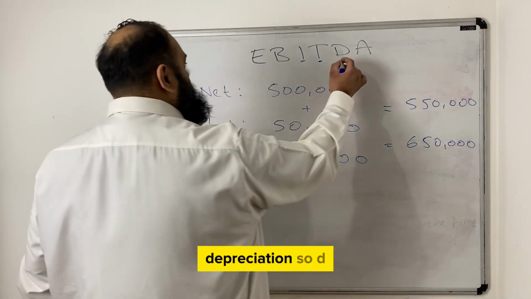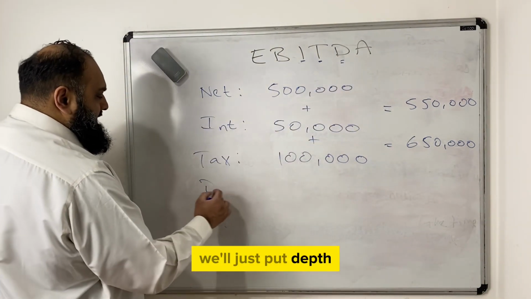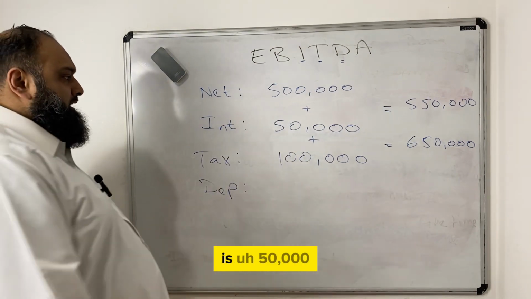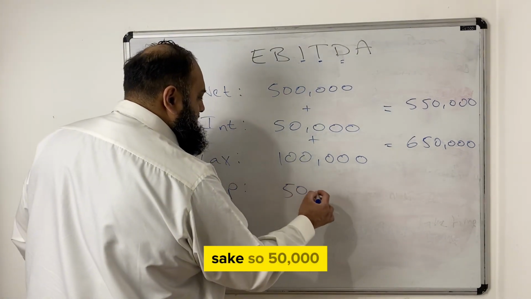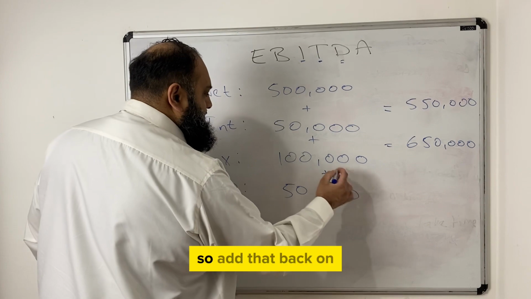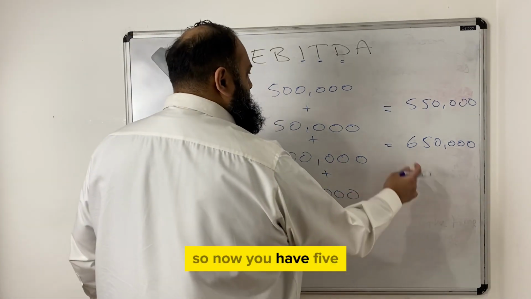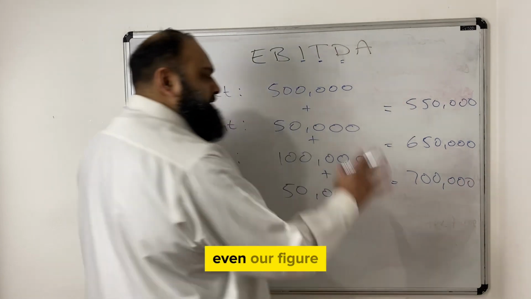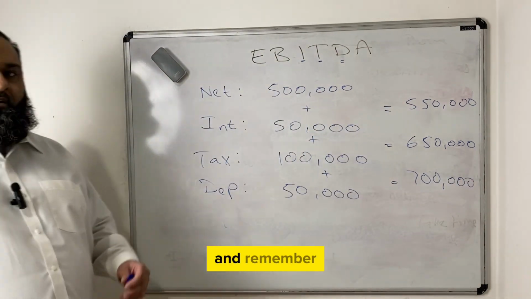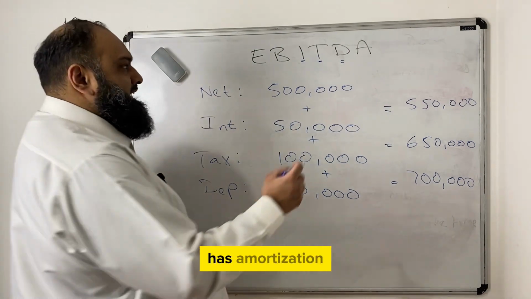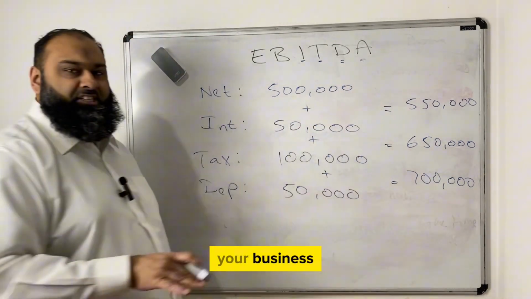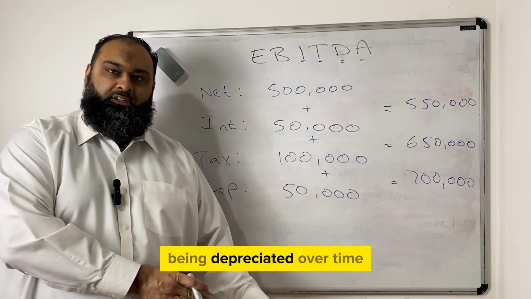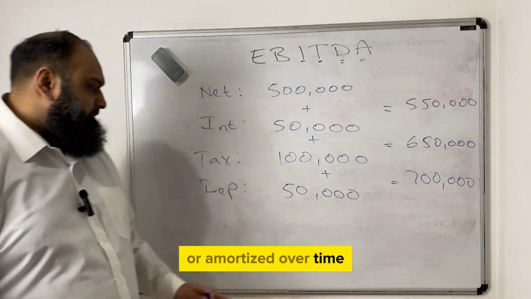The next is depreciation. So D, we'll just put DEP, depreciation. Let's say your depreciation is 50,000 for argument's sake. So add that back on. Now you have 700,000 towards that EBITDA figure, and we haven't got there yet. Remember I said that not every business has amortization, but let's say that your business does have amortization, with intangible assets being amortized over time.